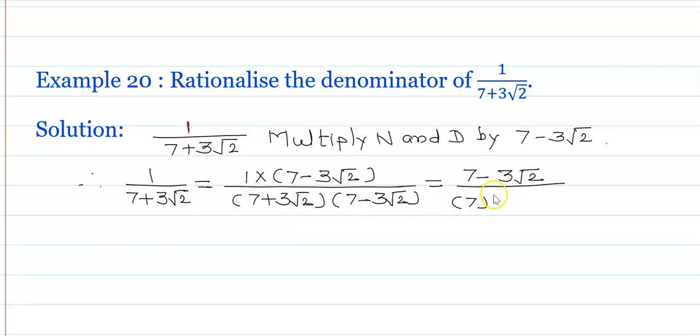Again here a plus b, a minus b: 7 square minus 3 root 2 bracket square.